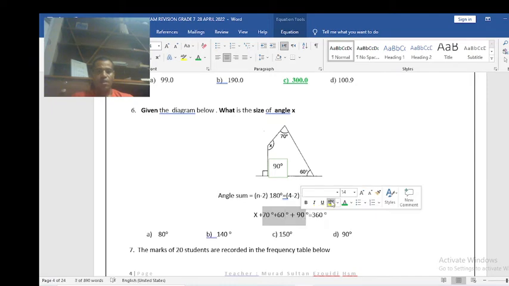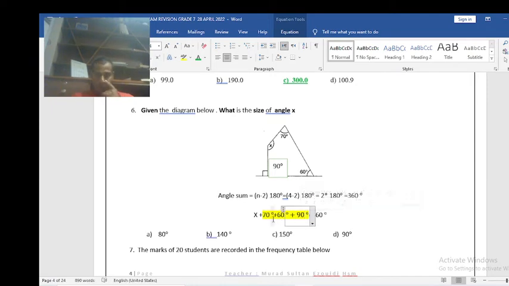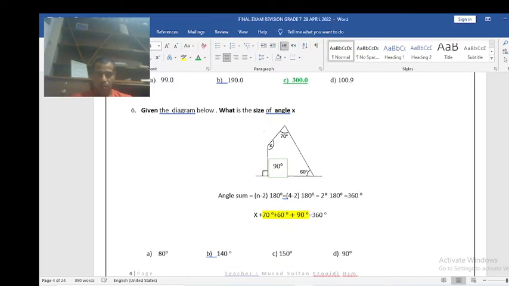So 60 plus 70 is 130. Plus 90, so x plus, all this is 70 plus 60 is 130, plus 90 gives 220, so 220 degrees should be equal to 360. So now just subtraction.